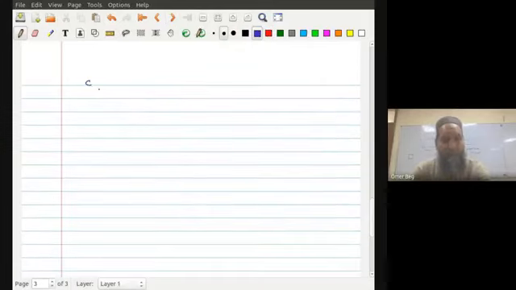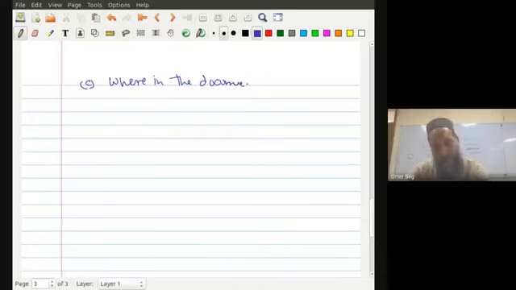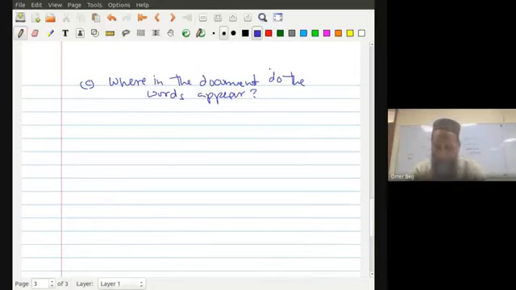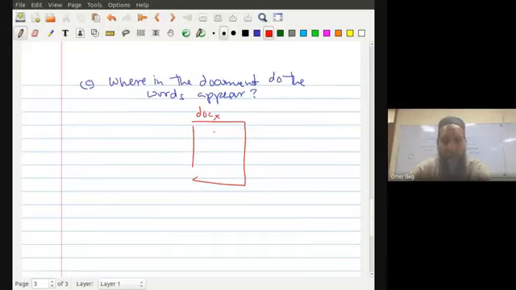So that brings us to solution C. The next question is, where in the document do the words occur? So the thing is, if words appear early in the document, so let's say you have this document and you have a query.